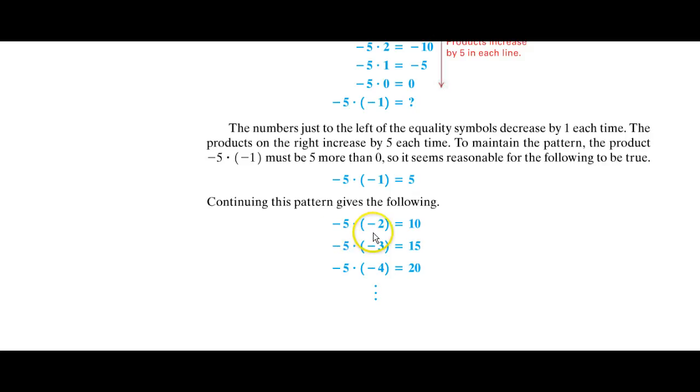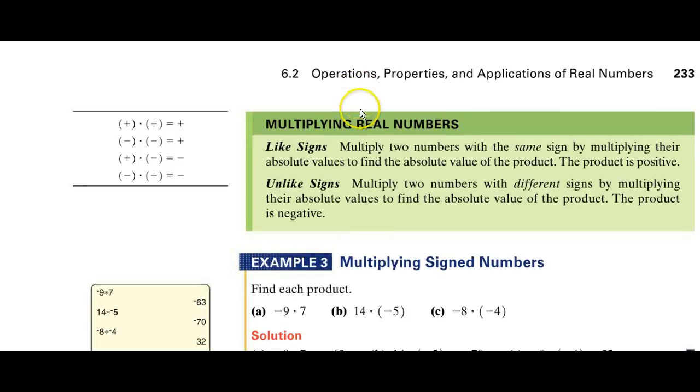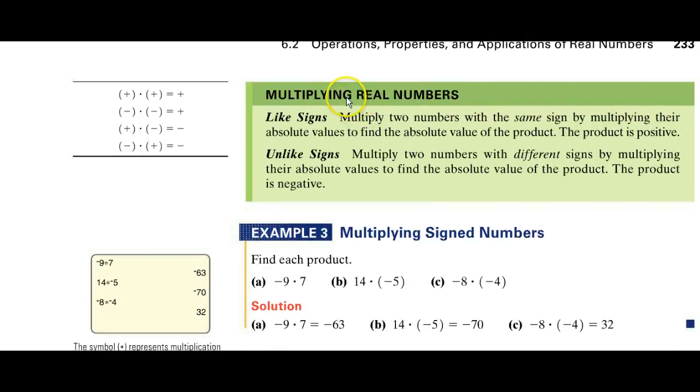So two negative factors, two positive factors give you a positive. If one is negative and one is positive as your factors, the product is negative. Unlike signs, negative. Like signs, positive. Let's go on. And there's the rule, and there's the symbolic expression of the rule.